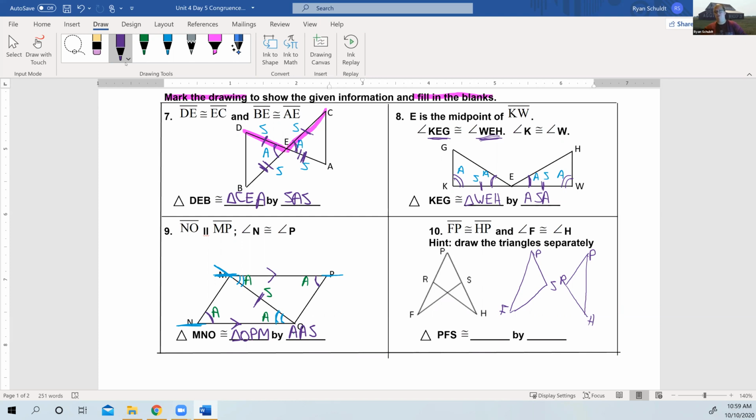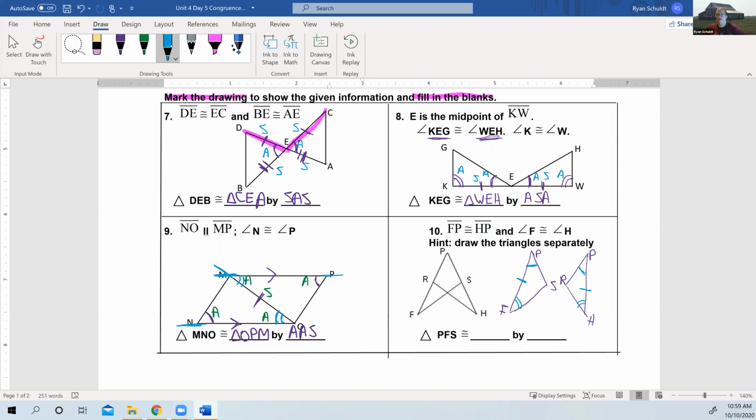Okay, now let's try to see what's going on. Since they both have angle P in them, we know P is going to be congruent to itself. I'm going to even mark it because I know that. Now, they also tell me that FP, so this side, is congruent to HP, that side. Then they say angle F, so that angle, is congruent to angle H, that angle.